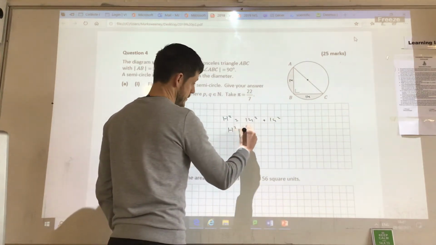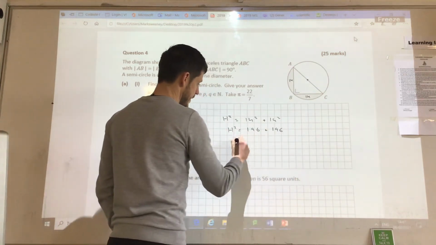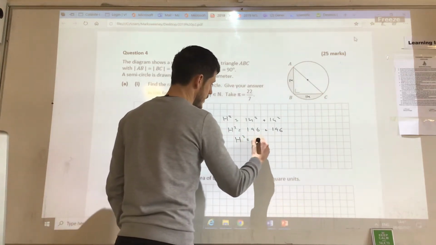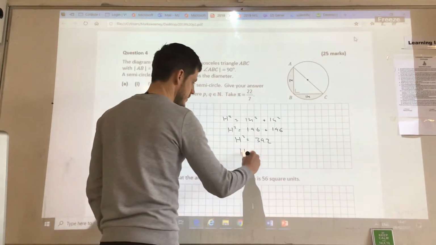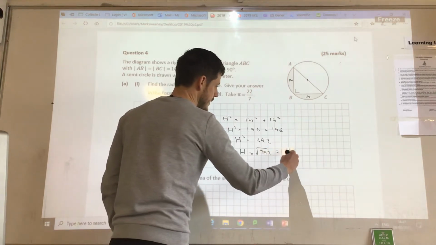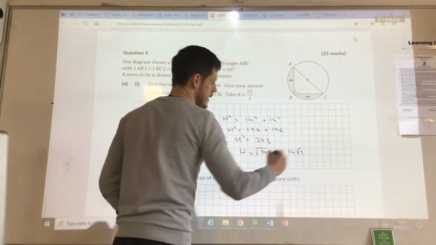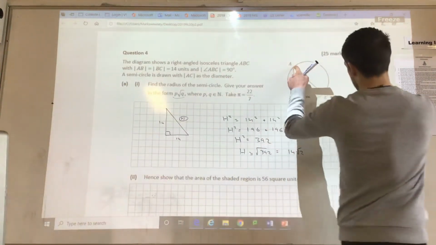Or H squared is equal to 196 plus 196. Add them together and H squared is equal to 392. To figure out what H is, I'll just get the square root of 392, and your calculator will put it down as 14 root 2. So 14 root 2 is this diameter here all the way across.